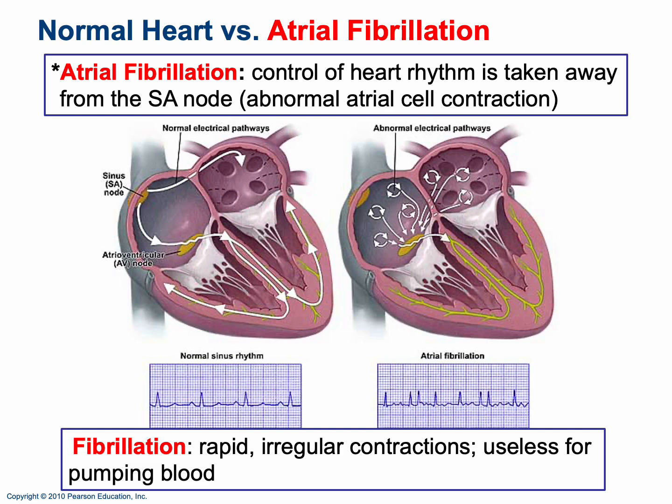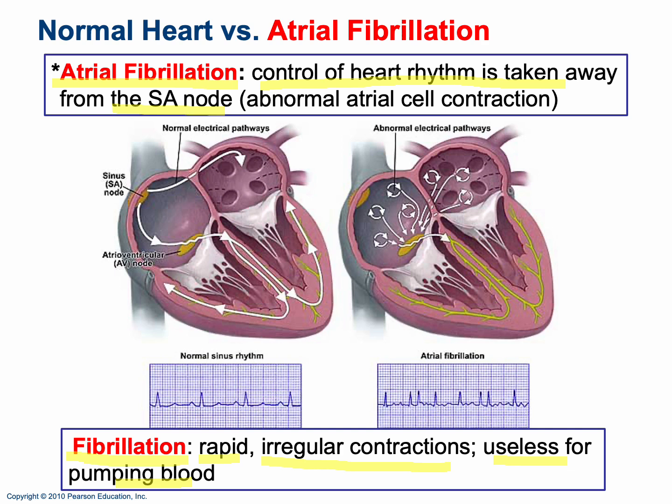All right, we're now going to take a look more at understanding atrial fibrillation and what fibrillation really is. The term fibrillation refers to rapid irregular contractions that potentially could make the heart useless for pumping out blood. So atrial fibrillation, sometimes abbreviated as AFib, is where the control of heart rhythm is taken away from the SA node.